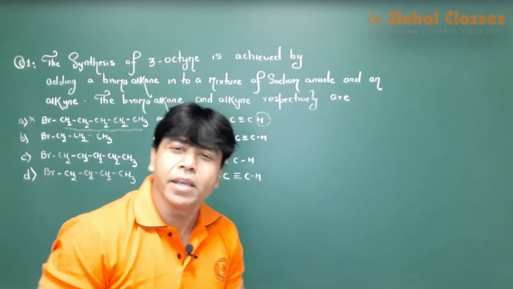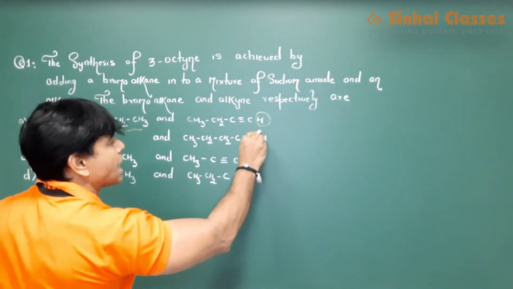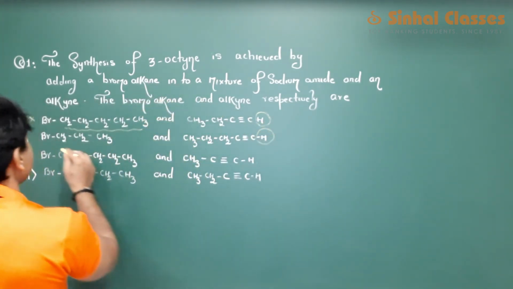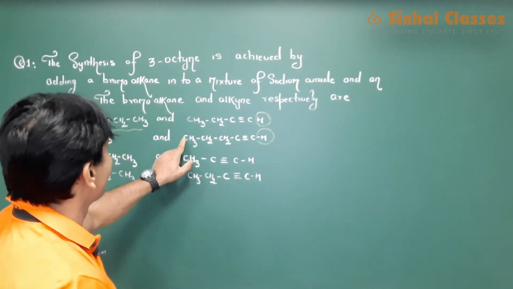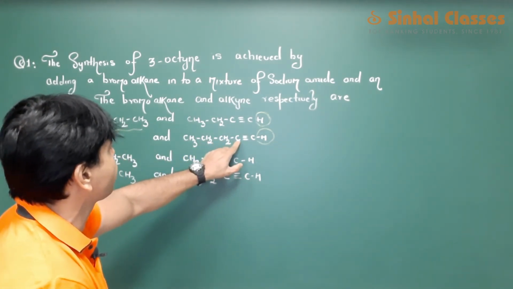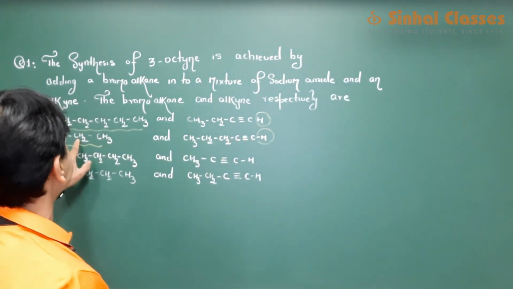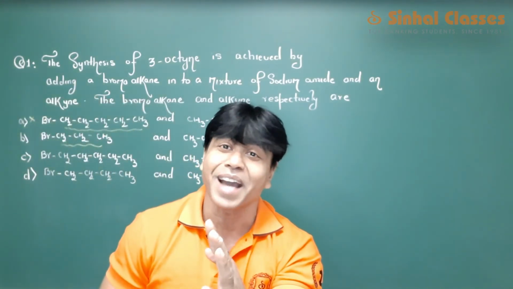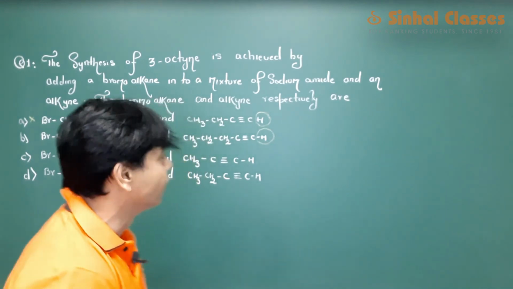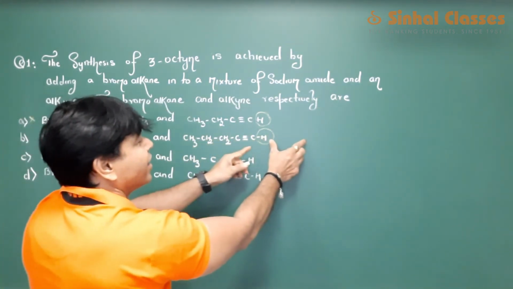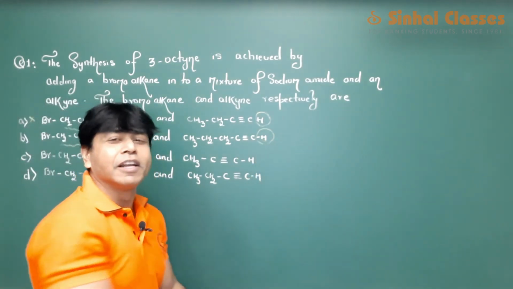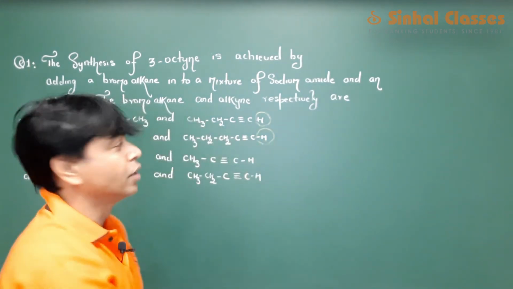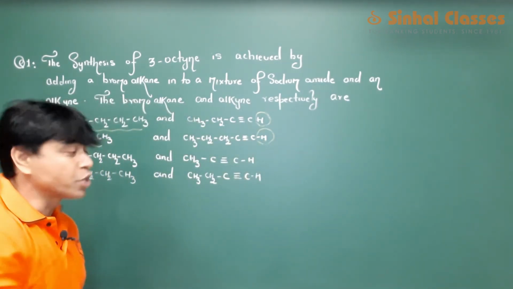Coming to option B, imagine this acidic hydrogen is replaced by this group. Then 1, 2, 3, 4, 5, 6, 7, 8, we are getting 8 carbons. But the only problem is if you place CH2, CH2, CH3 here, it will give you 4-octyne, which we don't want.